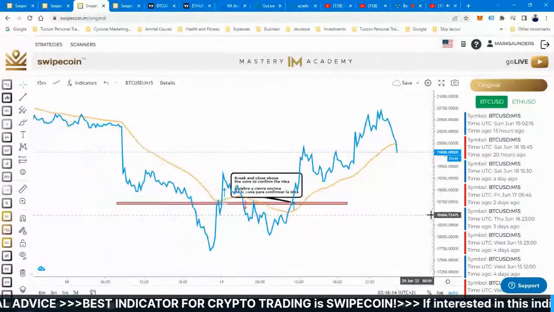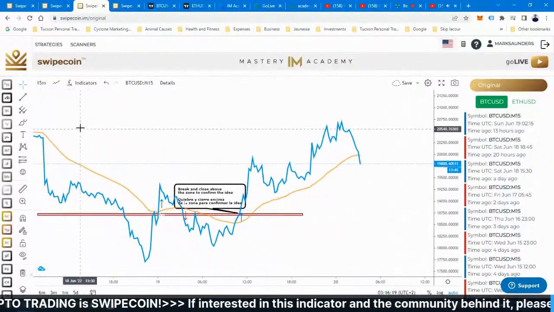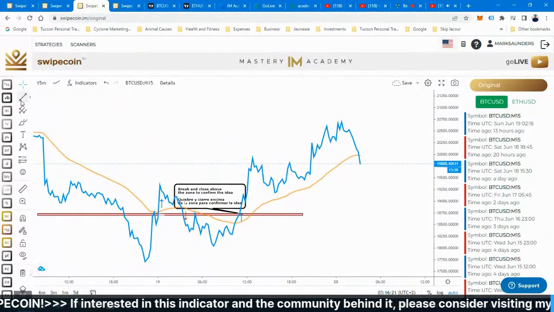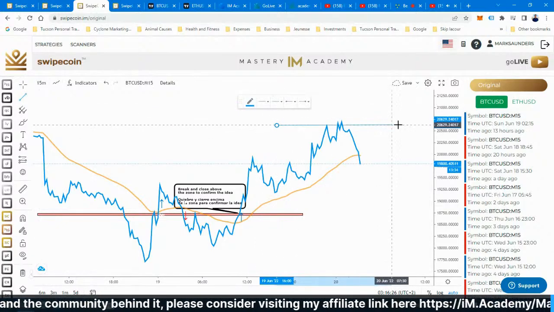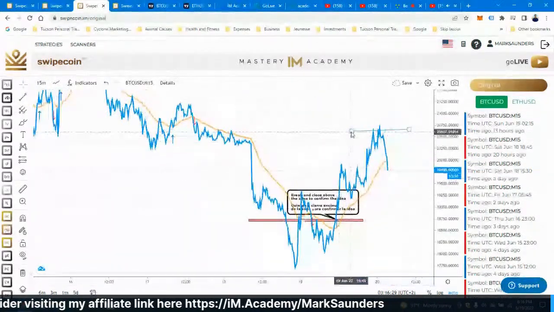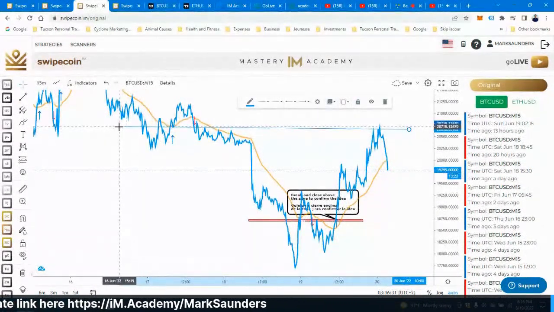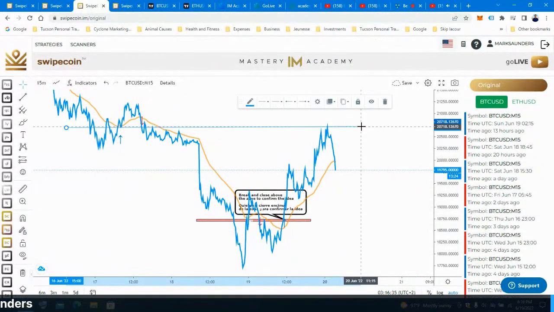Now what we're looking for is 3 to 5 touches of a line within a certain amount of time, and sometimes you can go back with this. You can see how it touches right over here too.